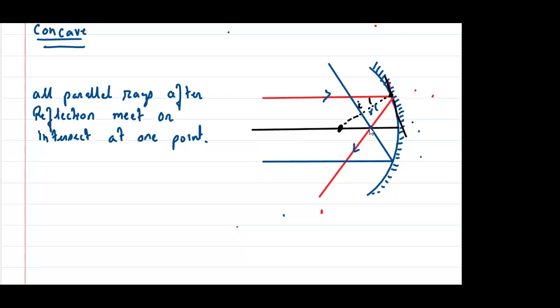This point only. Got it? Yes or no? This is a property.